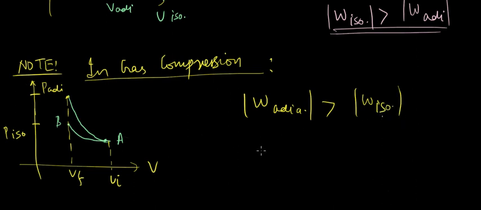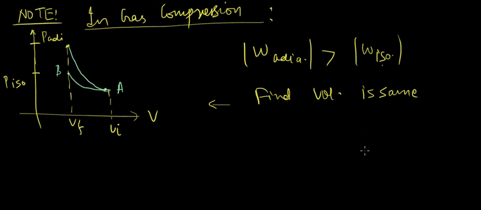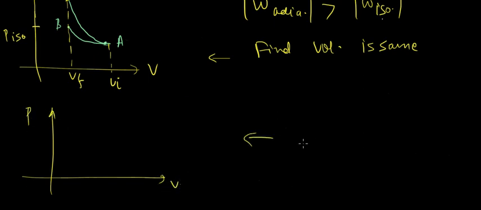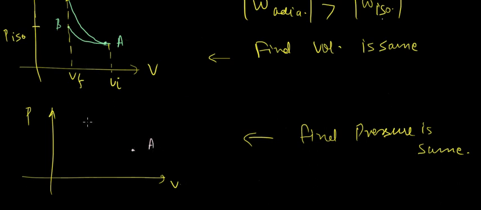So this was the case when final volume was taken same. Let's see another case in which final pressure is considered same. In compression, again graph between P and V. So in this graph, final pressure is same for both the processes. One is adiabatic and another is isothermal. So in this case, as final pressure is same, both the processes start from point A, one goes to point B and another goes to point C. So pressure is same.